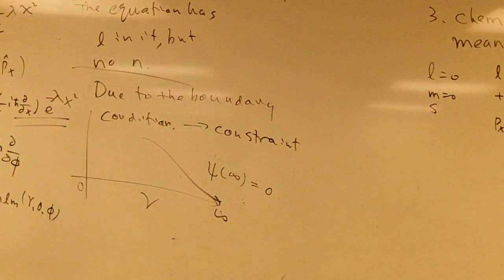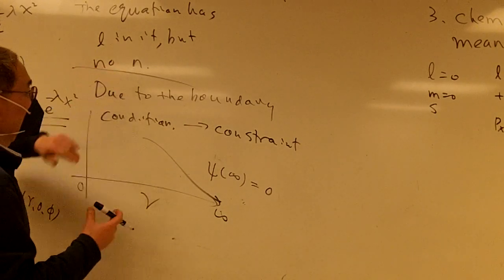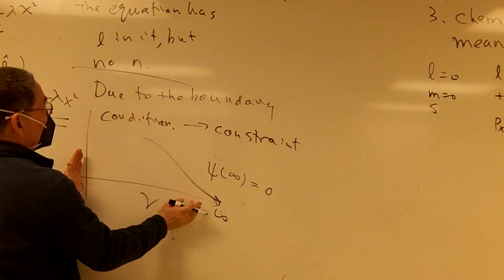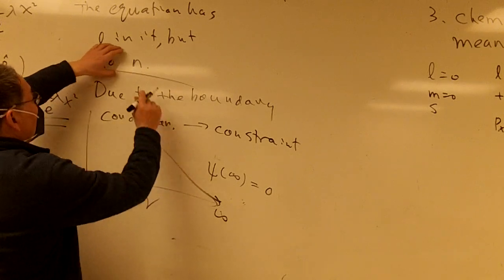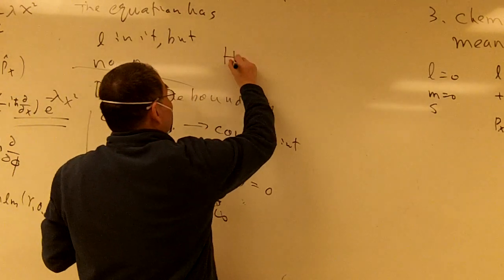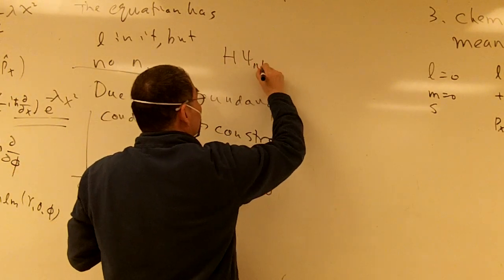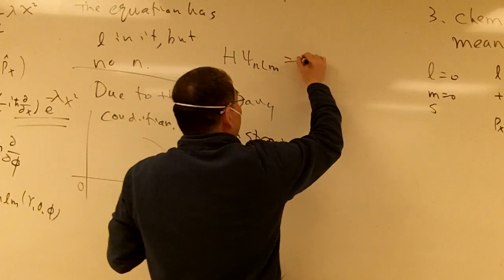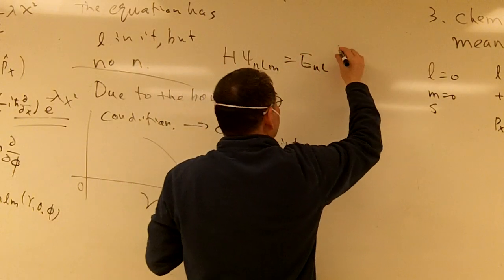When you have a constraint, then the levels are quantized. So energy levels are quantized. Therefore, when you have this boundary condition, this n is quantized in this sense. To be more precise, what we really mean is the following. Because you see this wave function looks like this.